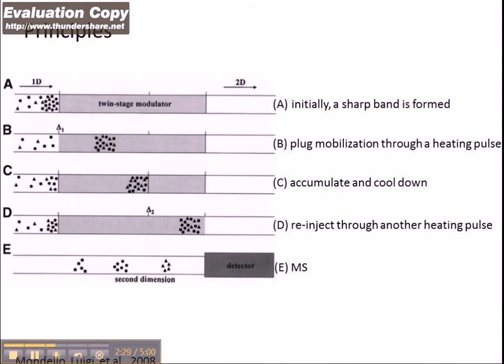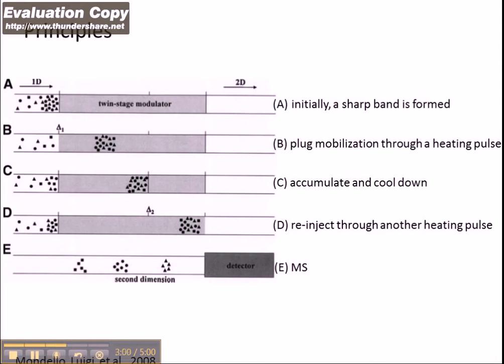Here are the more detailed principles. In figure A, the first column separates the compounds and forms a sharp band. In figure B, we can see this sharp band is introduced into the modulator. This introduction is by a heating pulse generated by the modulator.